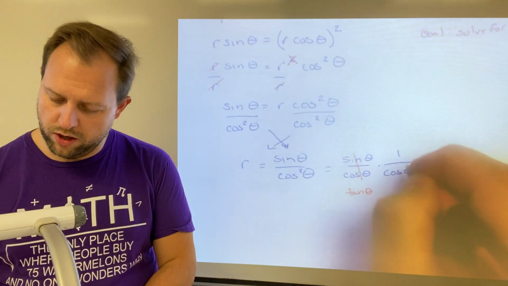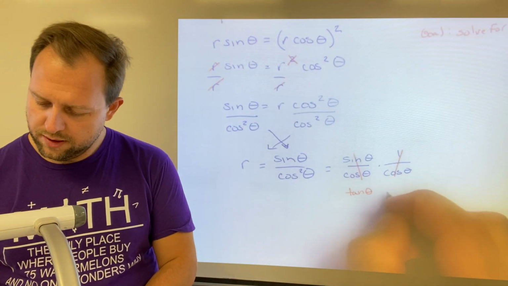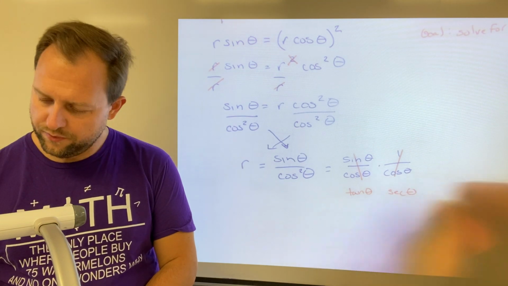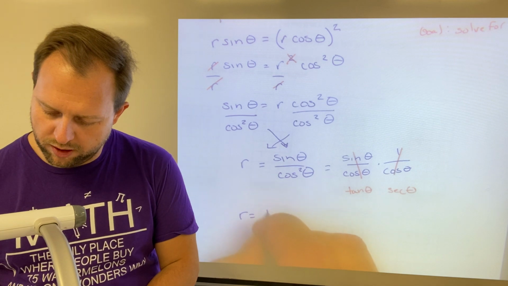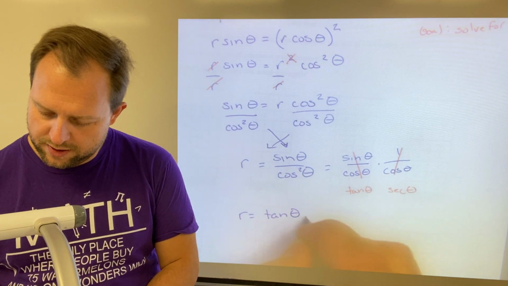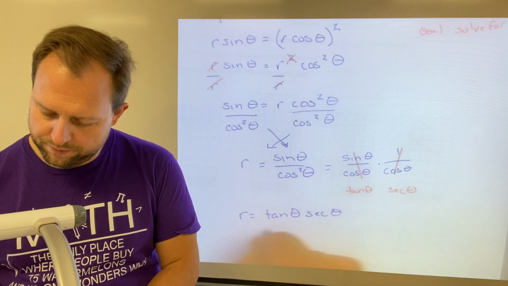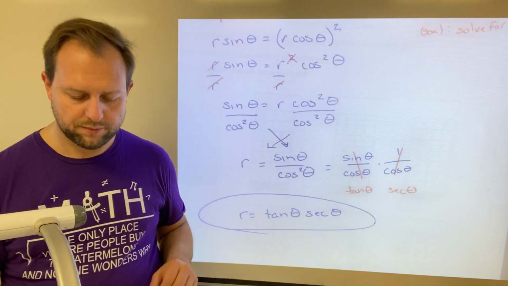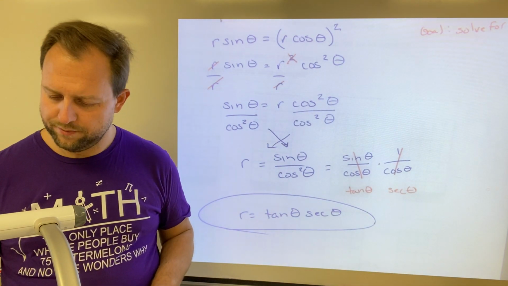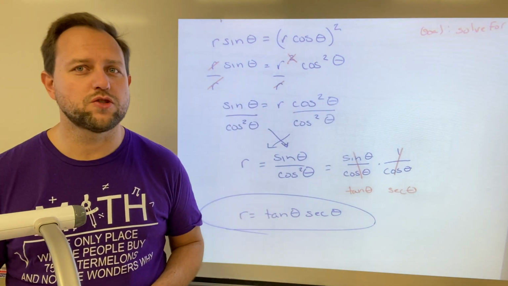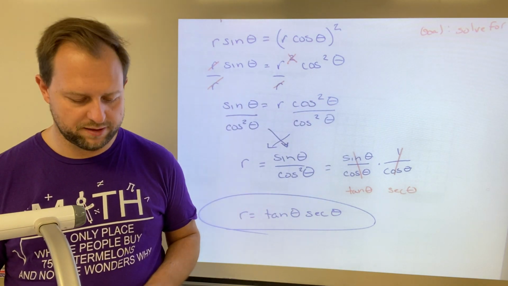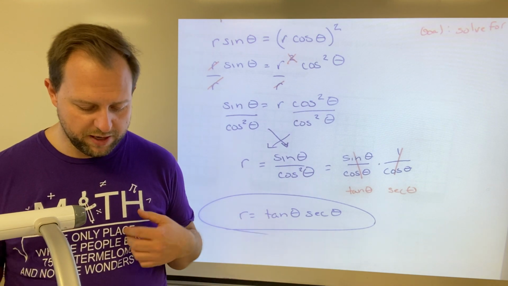And we know that 1 over the cosine of theta is the secant of theta. So our final equation is r equals tan theta secant theta. Okay? Not hard math, but it's going to tie back into some of those trig functions we were using last semester, knowing just how to manipulate them.